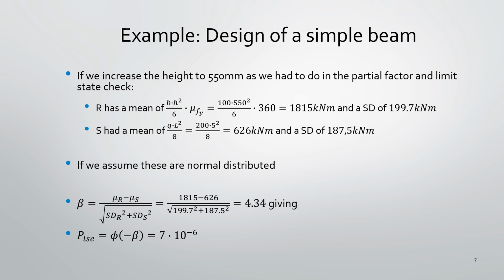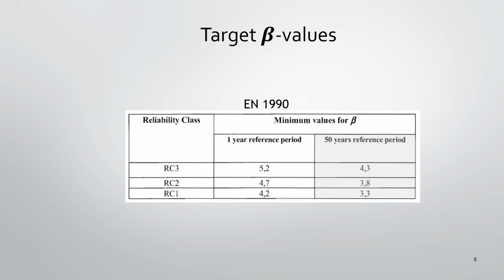We will get more into standards for probabilistic analysis later and the acceptance criteria for probabilities that these are providing, but just to give an indication. These are the target beta values given in Eurocode 1990 for different reliability classes, indicating a required beta value of 5.2 for reliability class 3, 4.7 for reliability class 2, and 4.2 for reliability class 1.